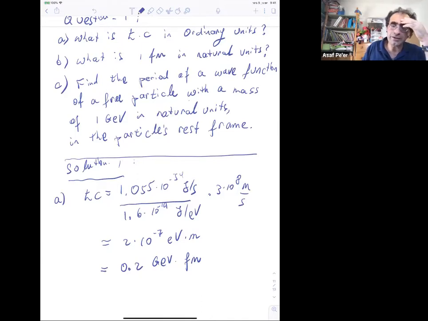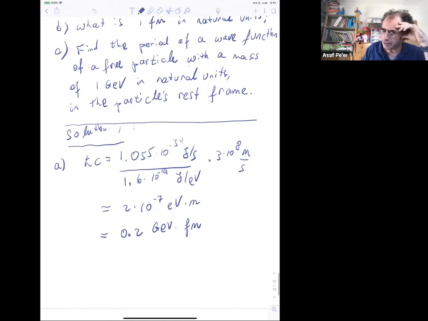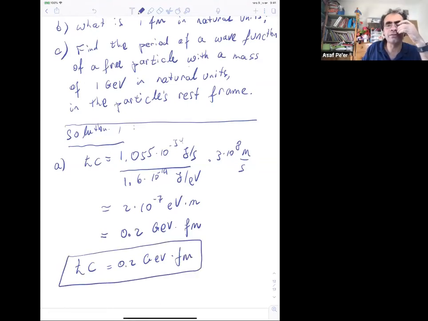That's a very useful relation to switch from natural to ordinary units. It's worth remembering: H bar C is 0.2 GeV times femtometer. Every time you want to convert something, it's very easy to remember.